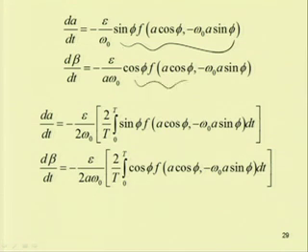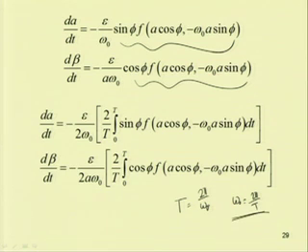Both are periodic with a period of 2 pi, so T equals 2 pi by omega 0, that is, omega 0 equals 2 pi by T. As a and beta are slowly varying functions, these values will not vary much in a cycle.